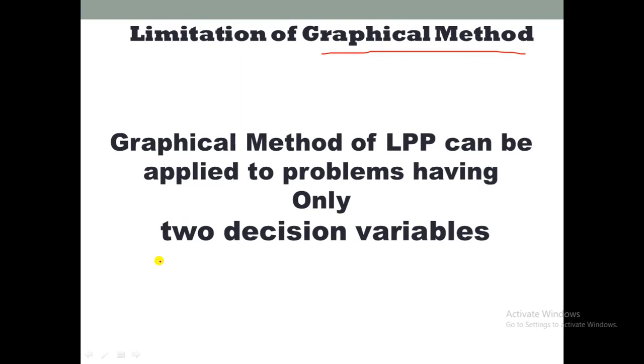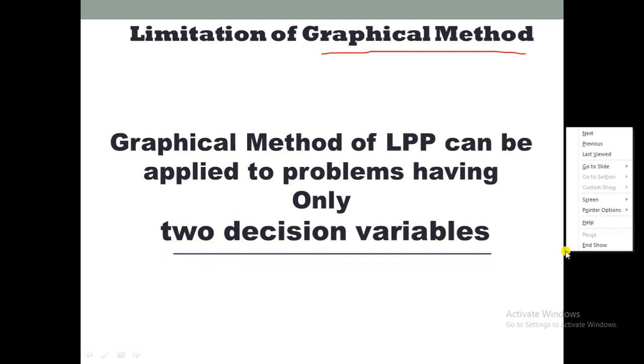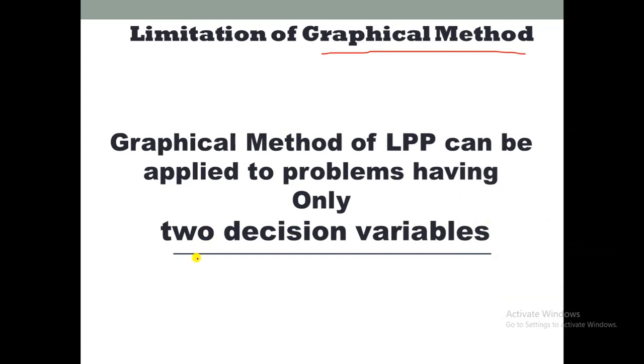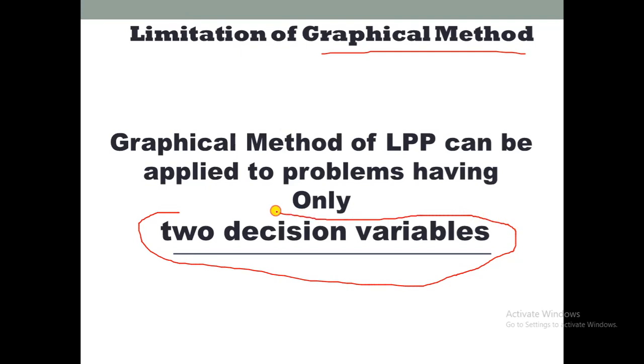But the limitation is that the graphical method can be used only when there are only two decision variables. The method of graphical solution is only applicable when there are two decision variables.